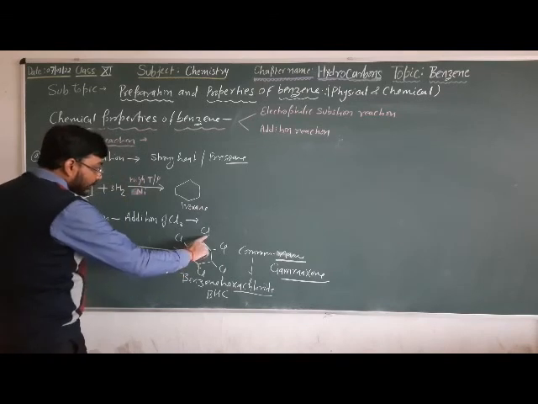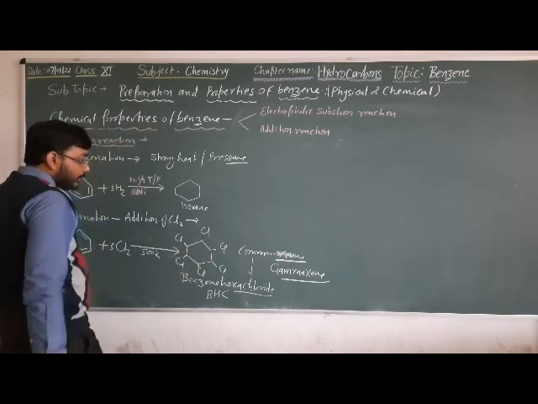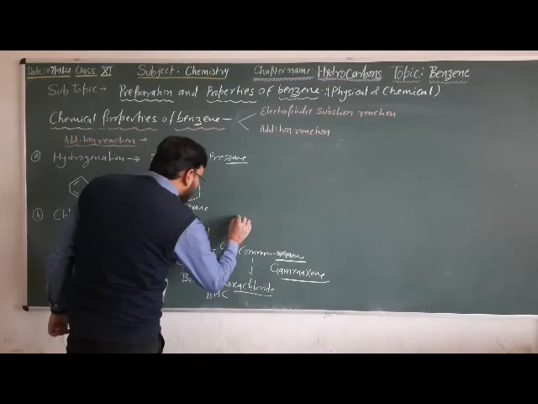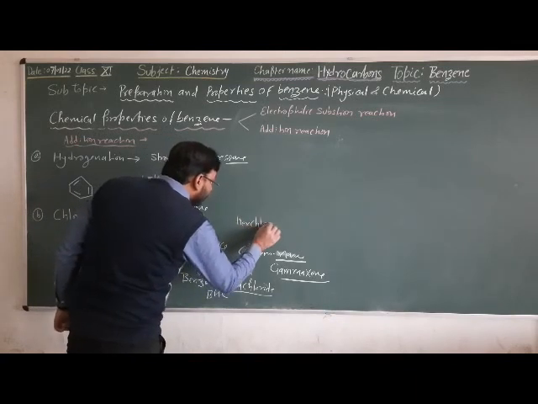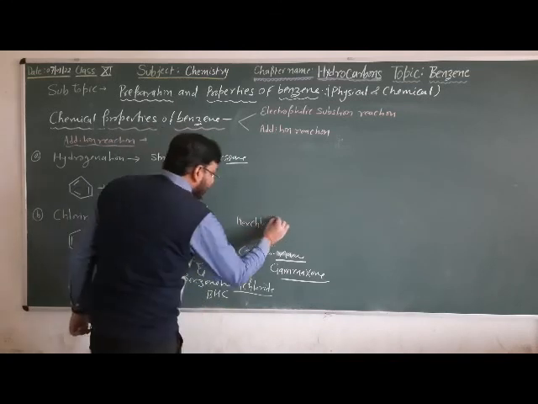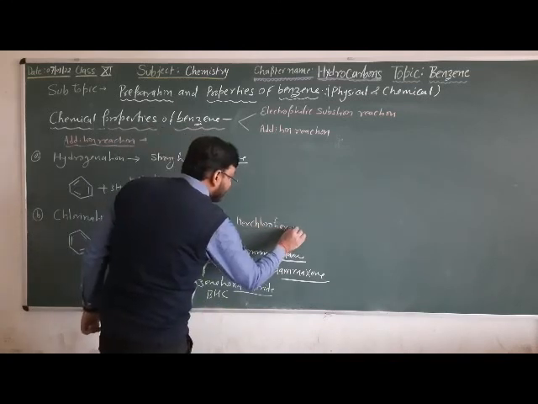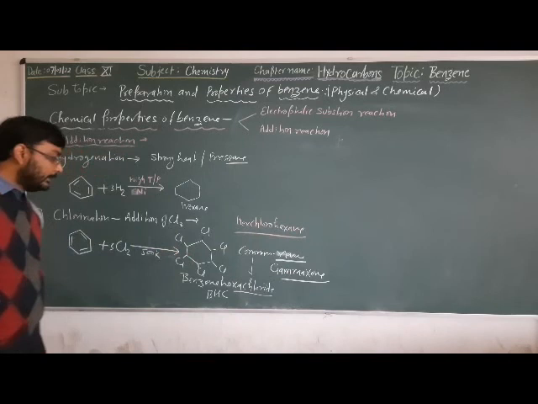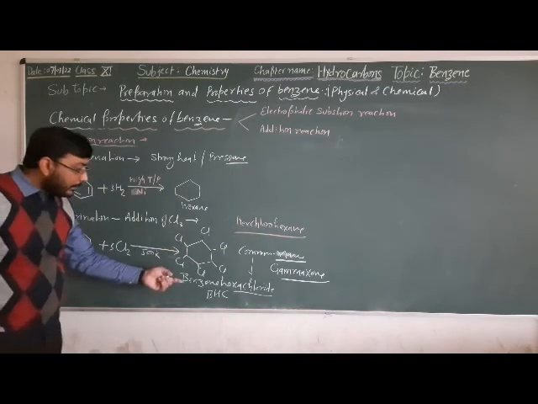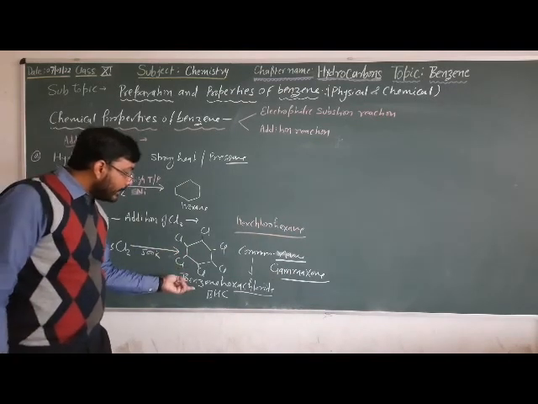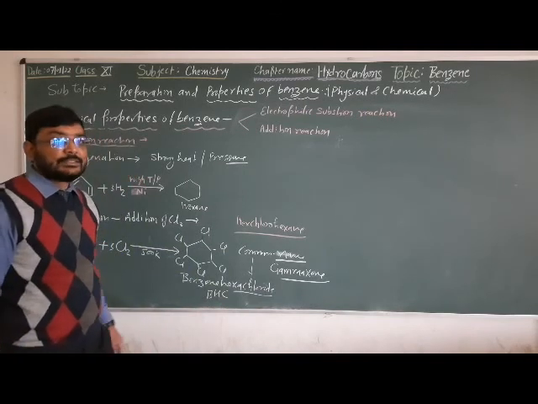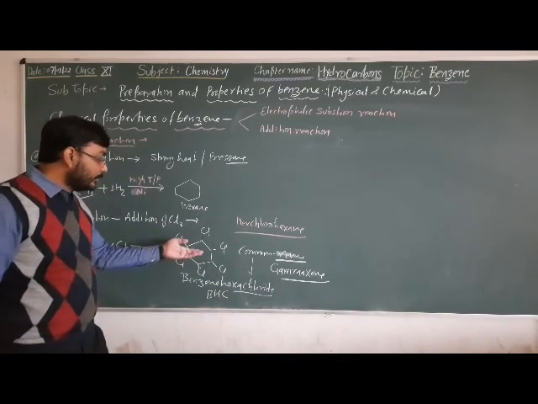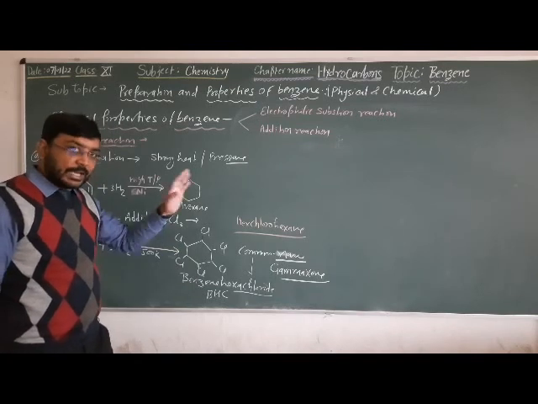According to IUPAC, it is hexachlorocyclohexane. This is the real actual name it should be. But benzene hexachloride is commonly famous among us, so we used to call it, but this is the wrong name as far as concept.